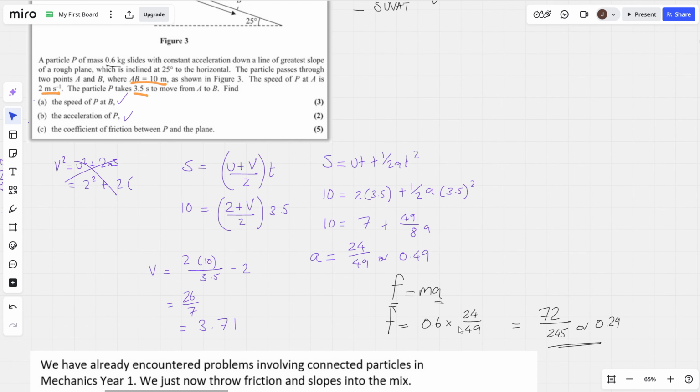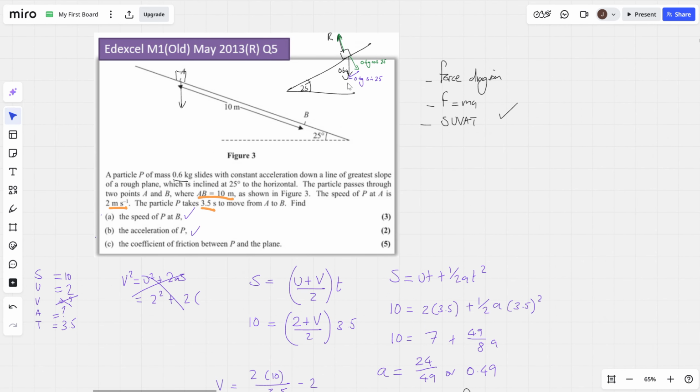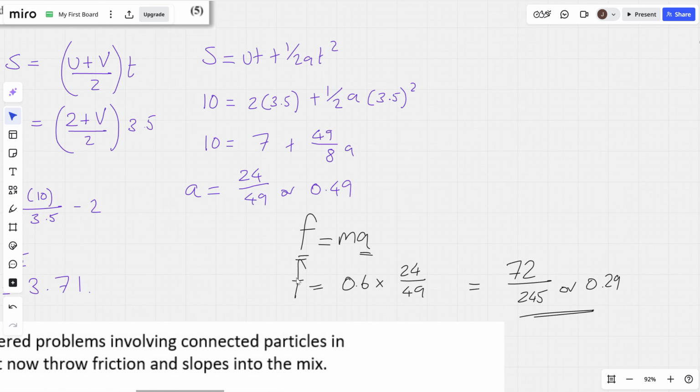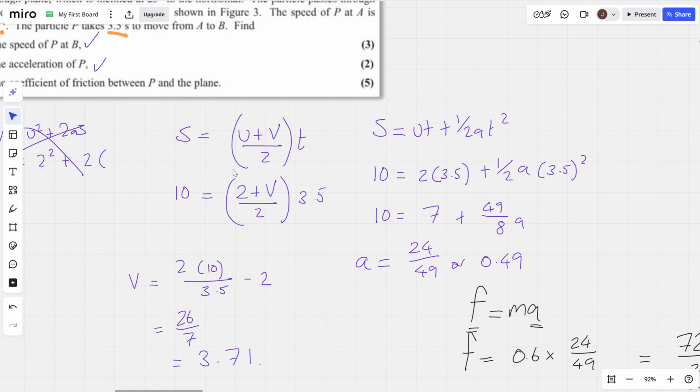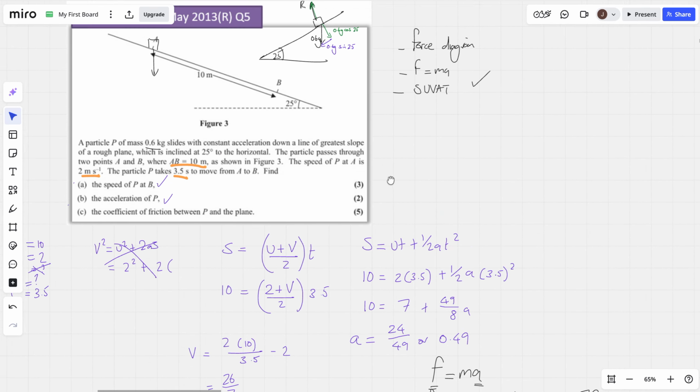And what I'm going to want to do now is use my force diagram to find out the resultant force, which is this F here. I'm going to write that down, and that should include the coefficient of friction. So like I said, there's quite a lot going on in this question.